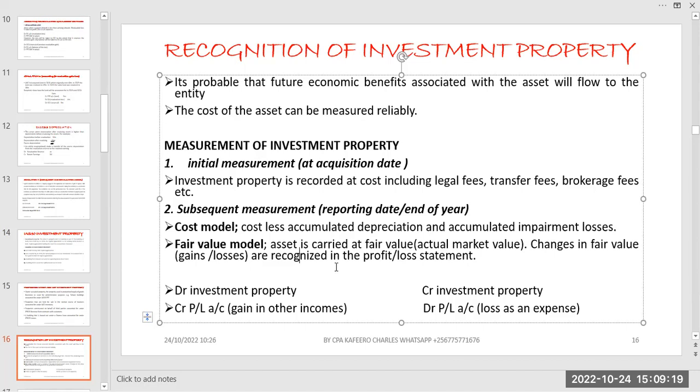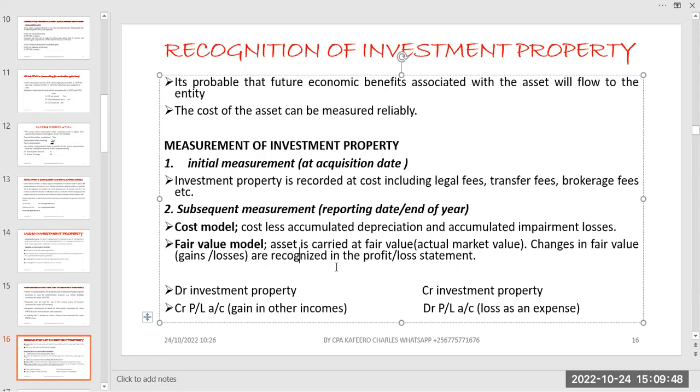We said the fair value is the current market price, and this current market price is fair to the extent that there is no cheating, because you go there and you start bargaining. It is what is prevailing in the market that will determine the cost of that item. It is very fair. That's why we call it fair value.